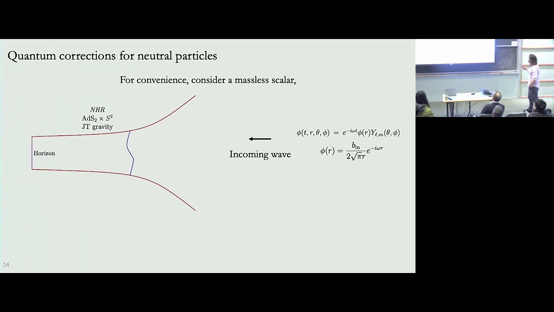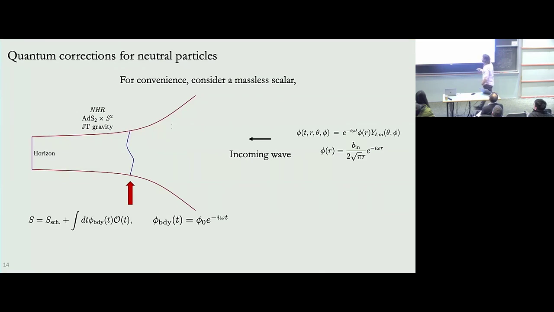So we consider an incoming wave coming from infinity, just for simplicity of a massless scalar that has some angular profile with some angular momentum L. And we send it into the near horizon region, and we want to understand how this wave couples to the modes that we were discussing previously, that were the strongly coupled modes that glued the near horizon region to asymptotic infinity.